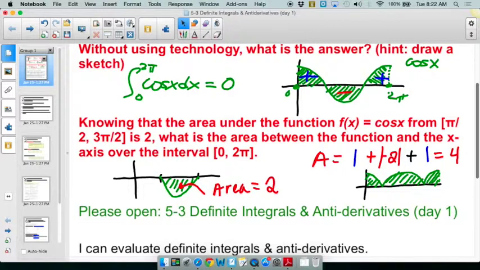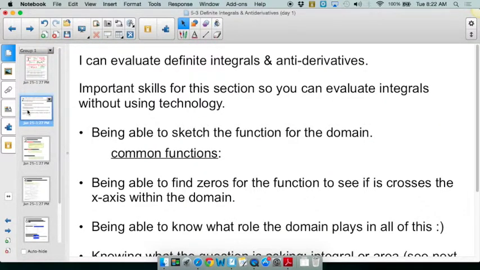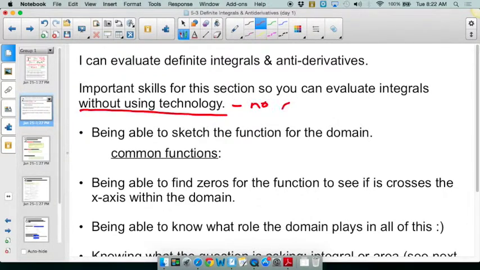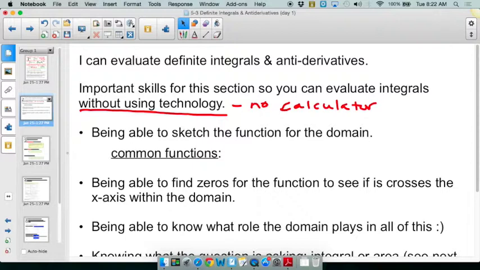So looking at the big picture here for chapter 5, as far as evaluating definite integrals, here are the important skills so that you can do this without using technology. So as you might be guessing by now, there's going to be a significant no calculator component to this chapter.